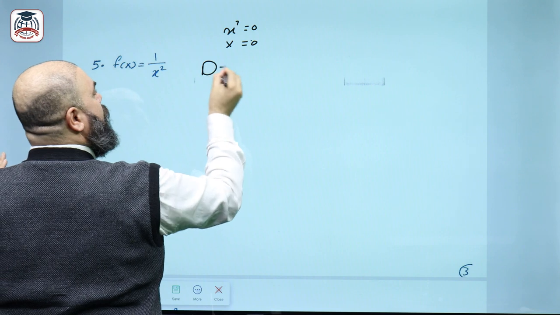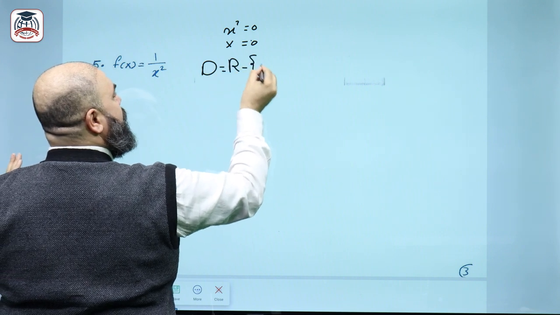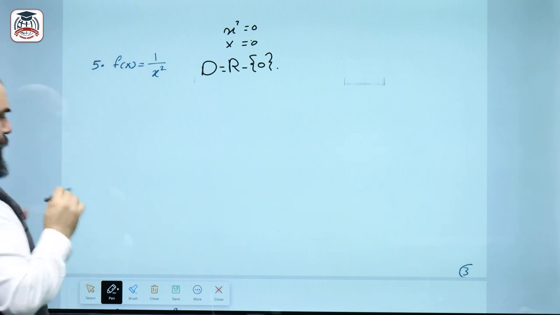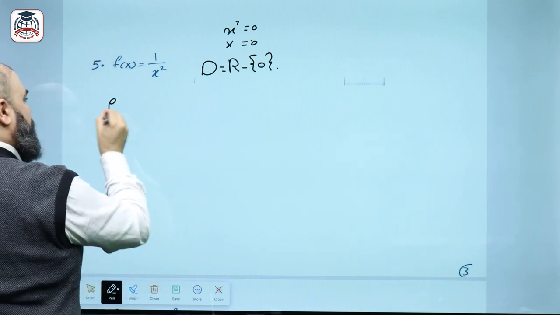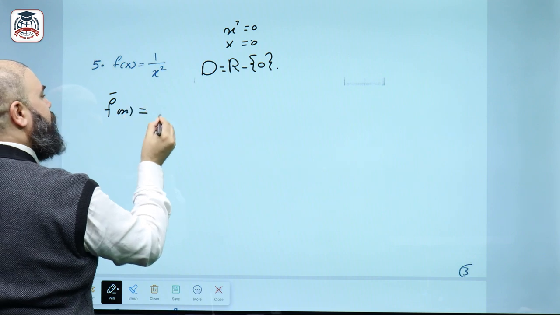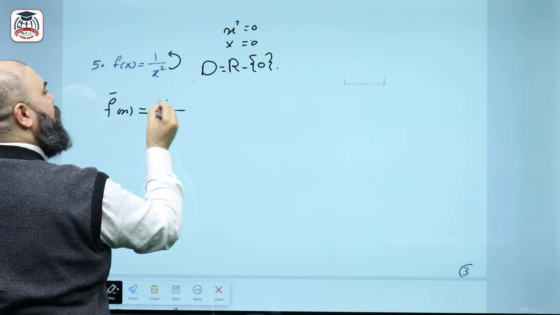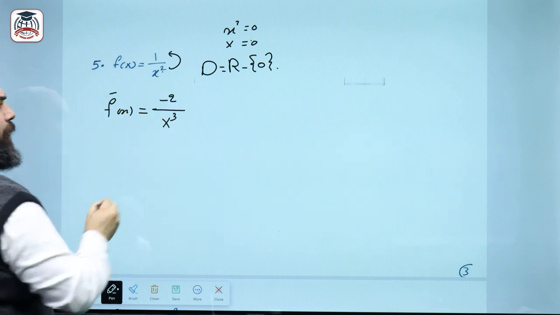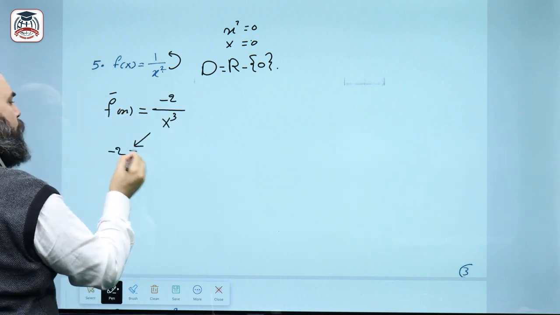The domain is all real numbers besides 0. Then find the f prime of x: negative 2 times 1, negative 2, and add 2 to 1 is 3. Negative 2 is not 0.